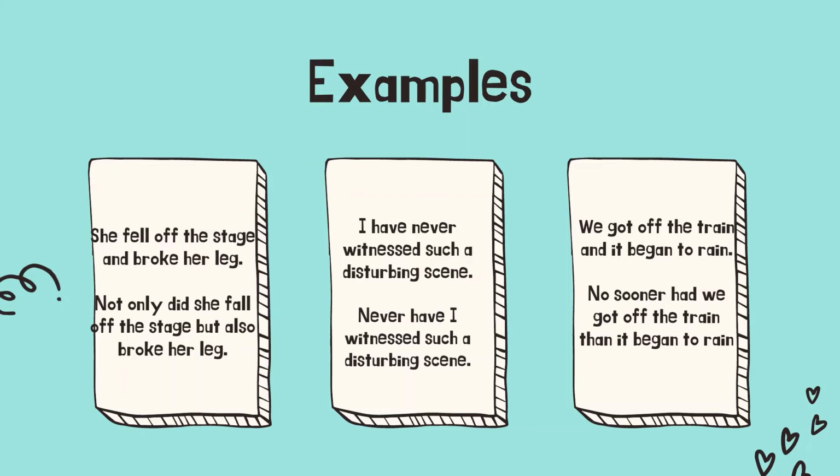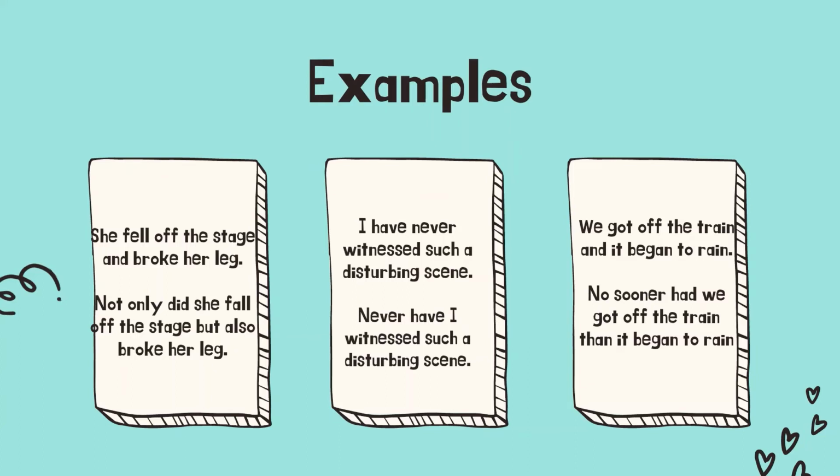But how do I know which negative adverb I should use to do the inversion? Well, if you analyze the sentence, you will notice that there is a relation between two events.